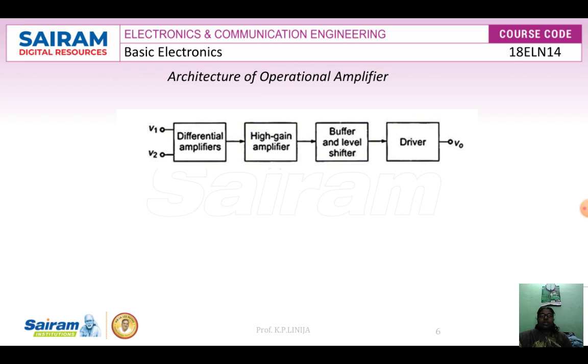Usually this stage provides a high input resistance when designed using transistors. If you make use of MOSFET for designing the differential amplifier, then the input resistance can be increased.